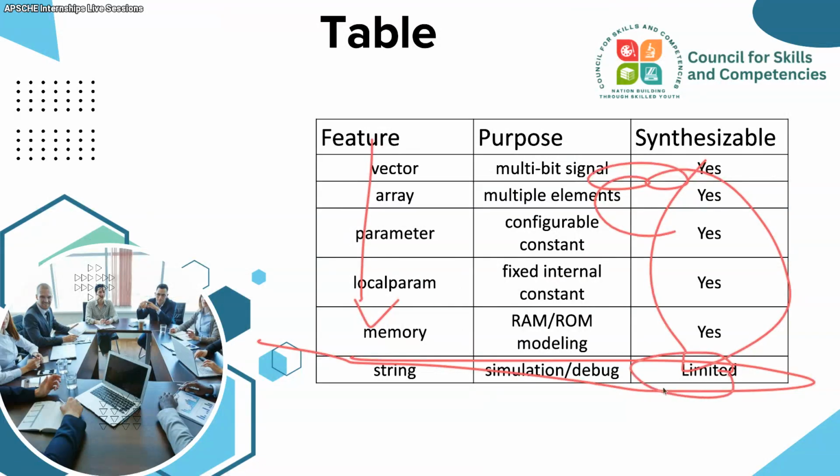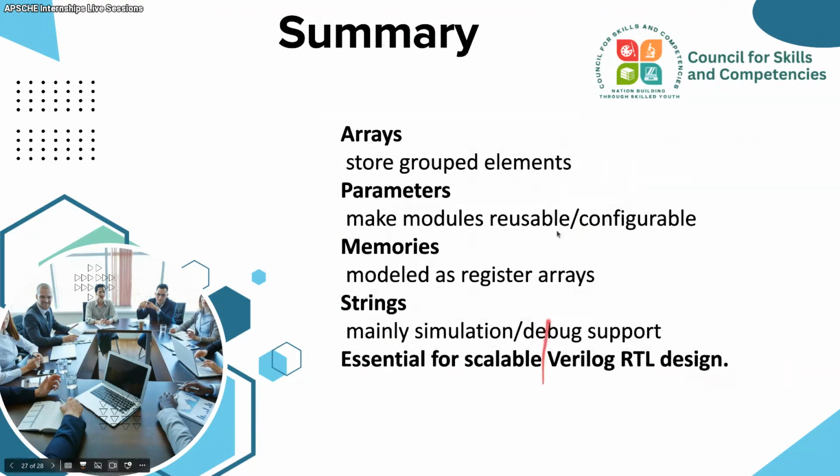Strings are only usable in a limited way for synthesis. In summary, we store grouped elements; parameters, memories, and strings are mainly for simulation and debug support, and are essential for scalable Verilog RTL design. So these are the things we looked at in the theory session.